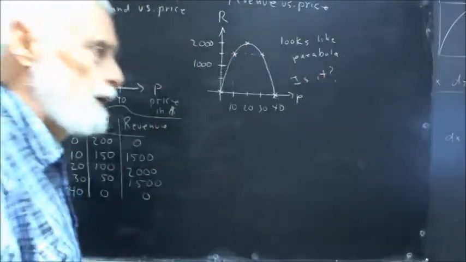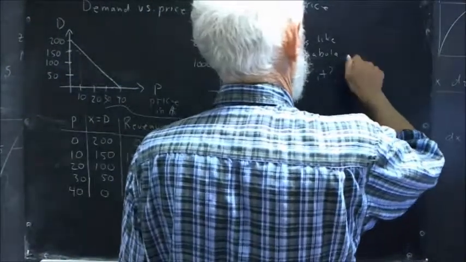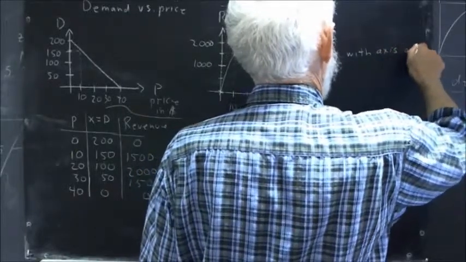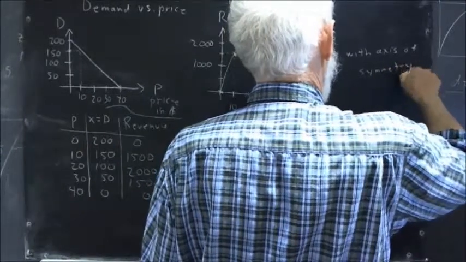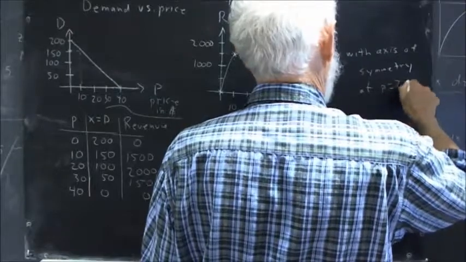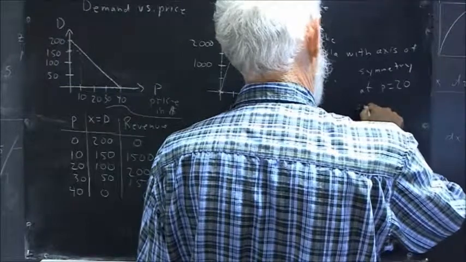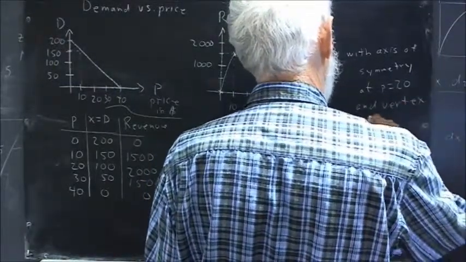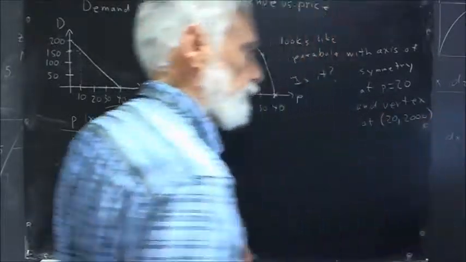Is it? As a matter of fact, I go a little further. It looks like a parabola with an axis of symmetry at P equals 20. And if so, the vertex at 20, 2,000.